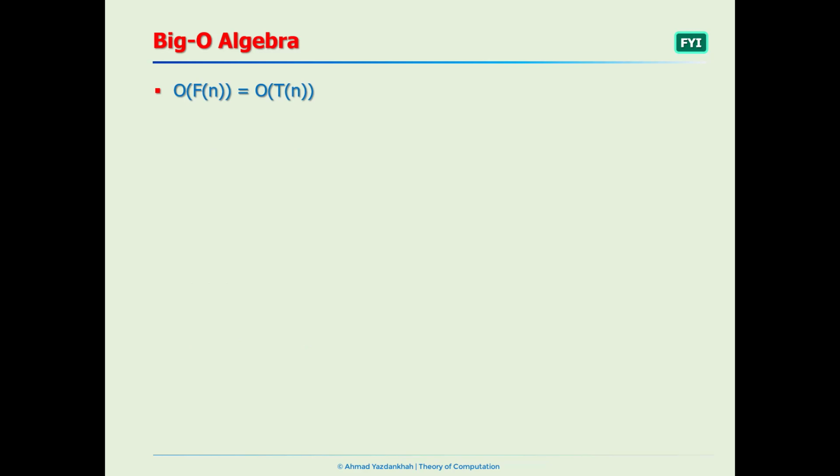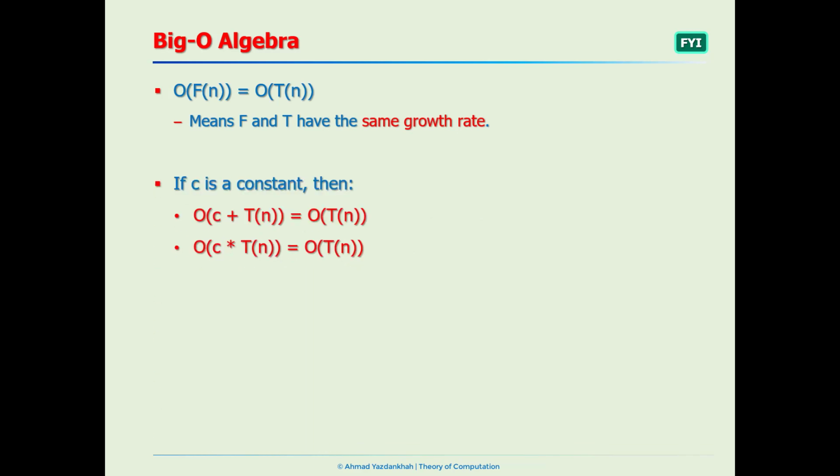For example, if big O of f of n is equal to big O of t of n, it means that both f of n and t of n have the same growth rate. They grow similar to each other. And if we have a constant c and we add it to t of n, we can eliminate this c, it doesn't matter.